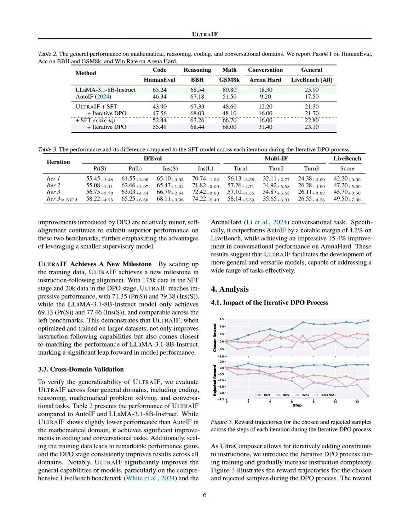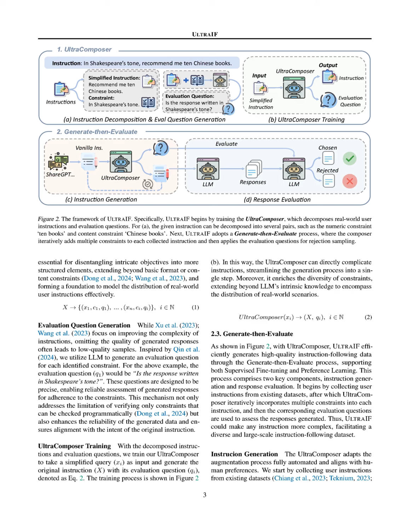Secondly, the Generate Then Evaluate process enhances efficiency by streamlining the generation and evaluation of responses, eliminating the need for separate score filtering stages, which further accelerates the data generation process.